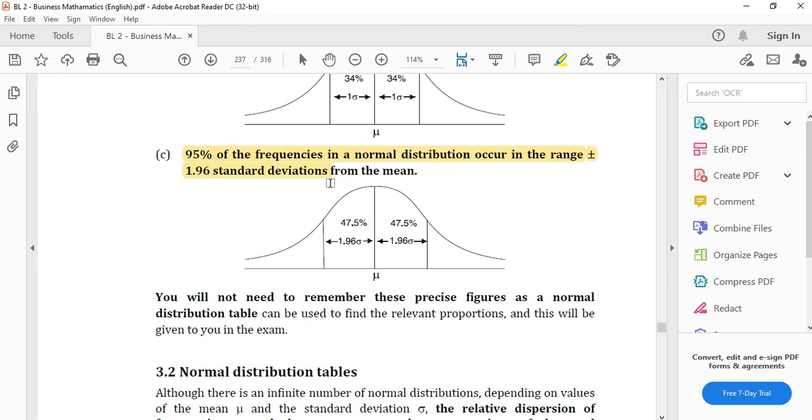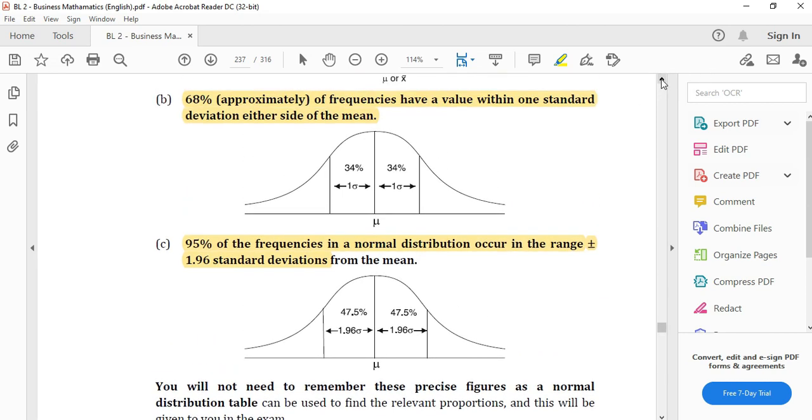You have seen that when it was 68%, it had one standard deviation. But when it came to 95%, the standard deviation increased to 1.96. Why is it? Well, it's because of the normal distribution table and the normal distribution formula.